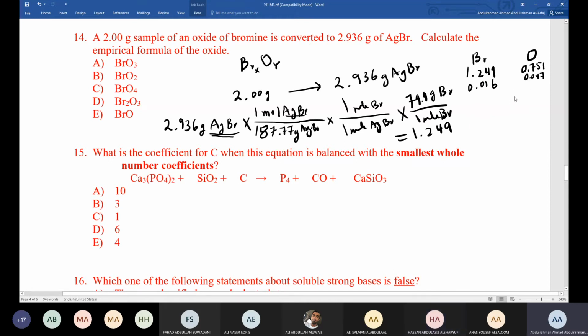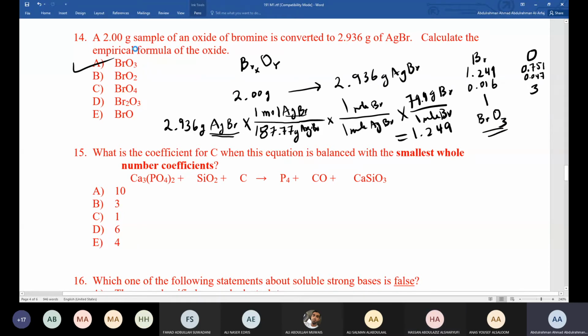Divide by the smallest number. This will become 1. This is going to be what? 3. 3, exactly. And so what's the empirical formula? BrO3.